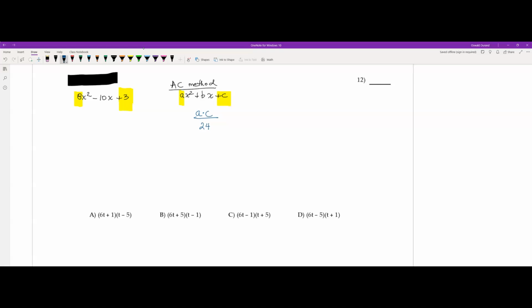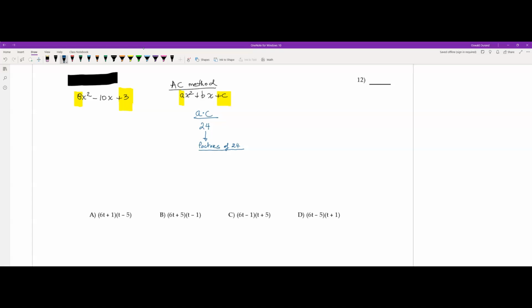So with 24, our goal is to find factors of 24 where the sum is going to be negative 10. Okay, so let's find them.